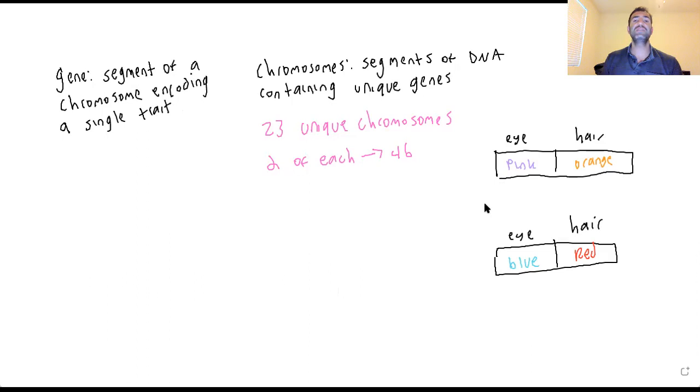The gene is just any part of a chromosome that codes for a specific characteristic or trait. So an example of a gene would be, for example, eye color and hair color. However, an allele is a variation of a gene. So an allele is a gene variant.